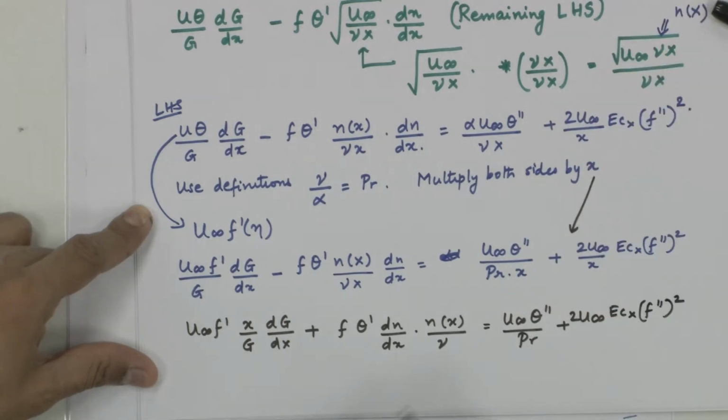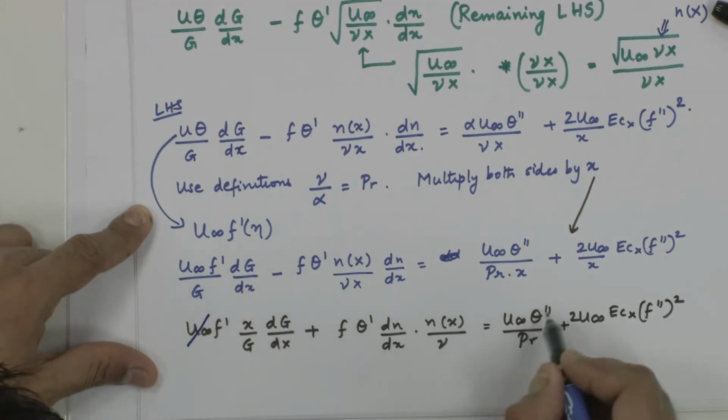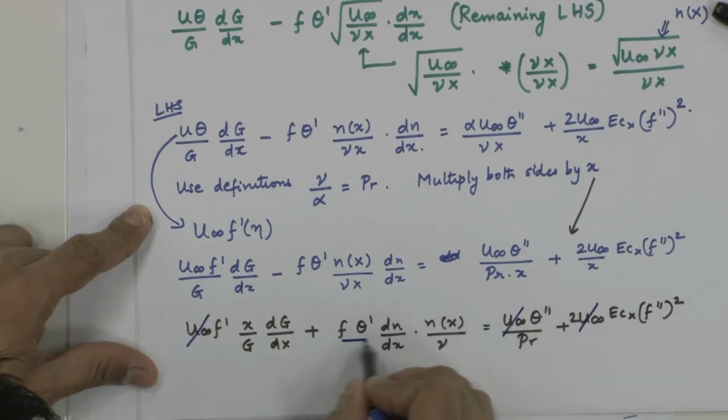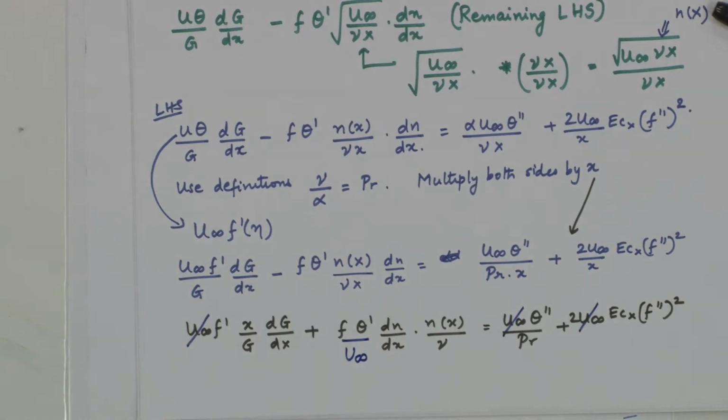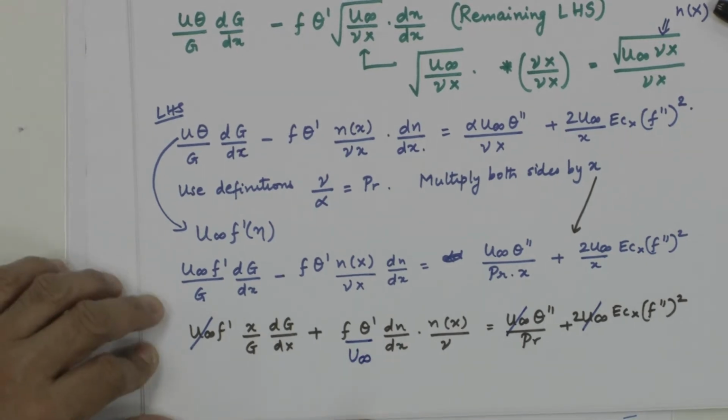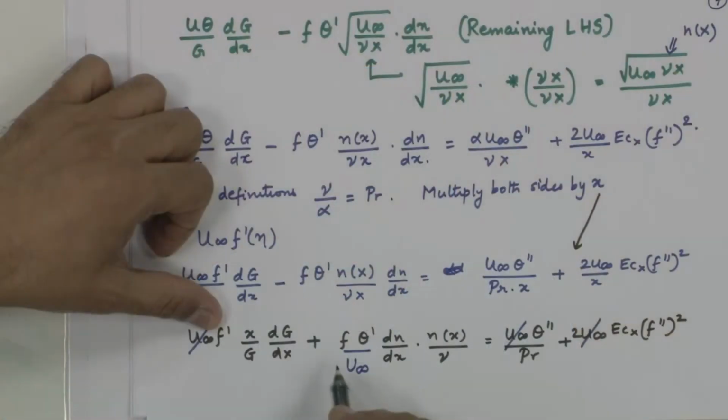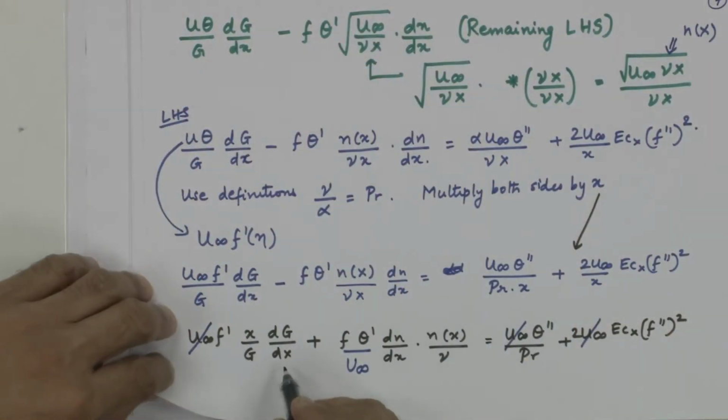I can cancel u infinity throughout, here, here, here. So I would get u infinity. So this one, f prime dg by dx.